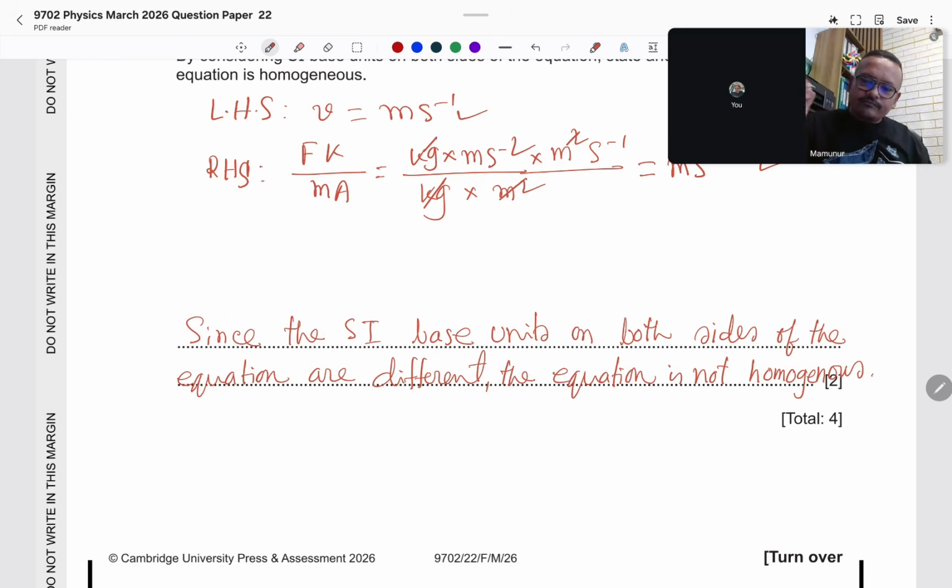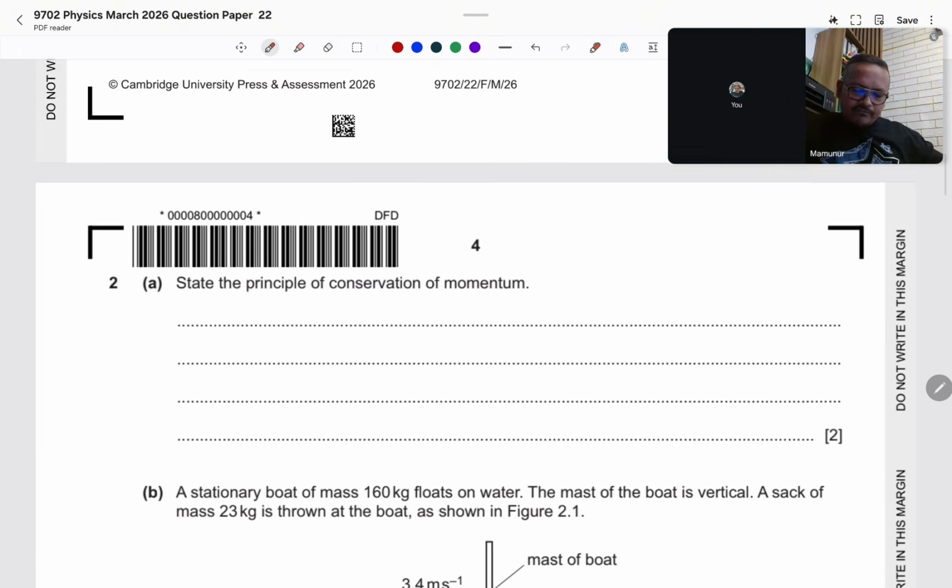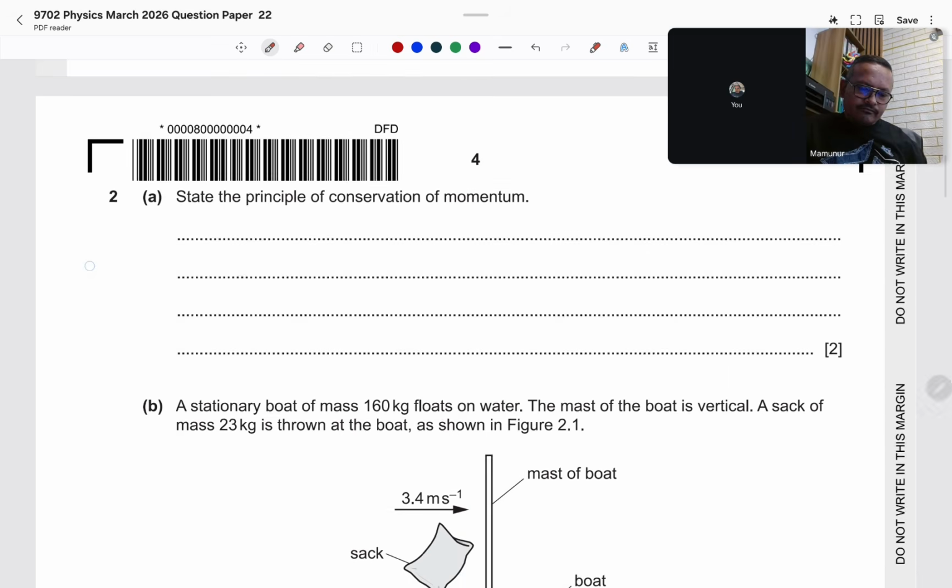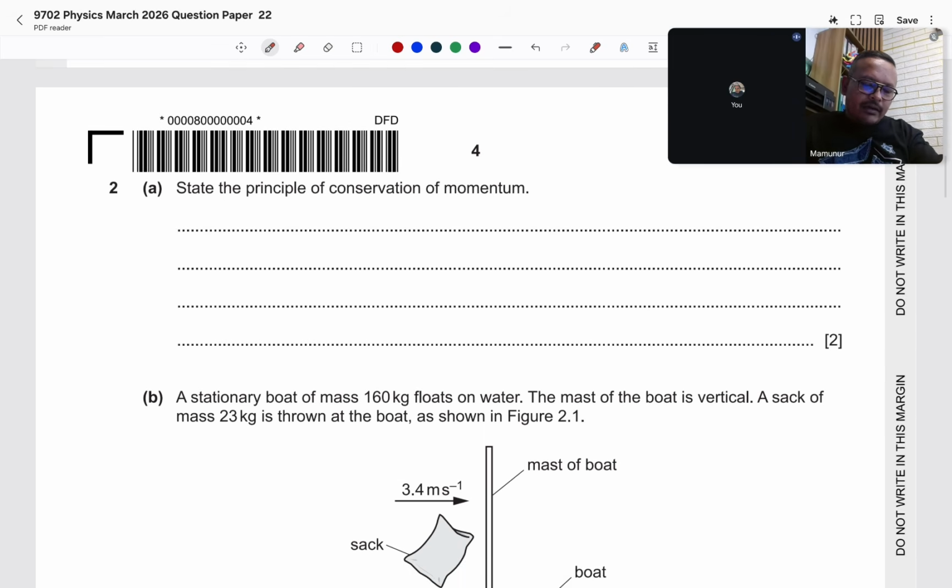Okay, first question done. The second one: state the principle of conservation of momentum. So, what are the conditions for the principle of conservation of momentum? It says that if no external force acts on a system, the momentum before collision is equal to the momentum after collision, right?